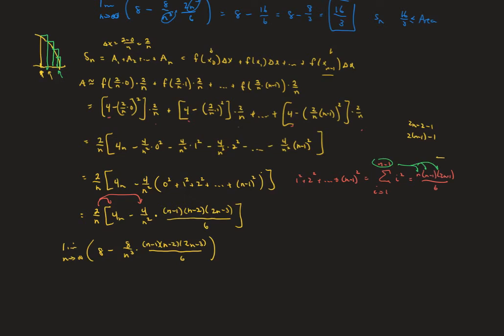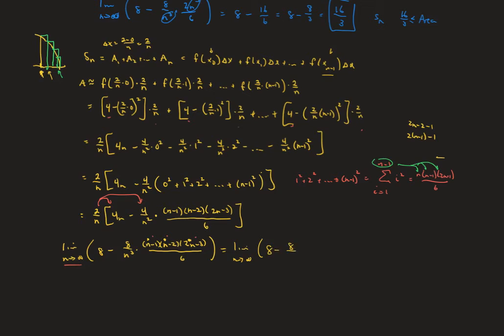So as we look at these terms here, because we're taking the limit as n goes to infinity, the only ones that are going to matter are going to be the highest powers of n and their coefficients. So when we multiply that all out, this n is going to multiply that n, is going to multiply that 2n, and that's going to give us a 2n cubed, which is going to be our highest power of n.